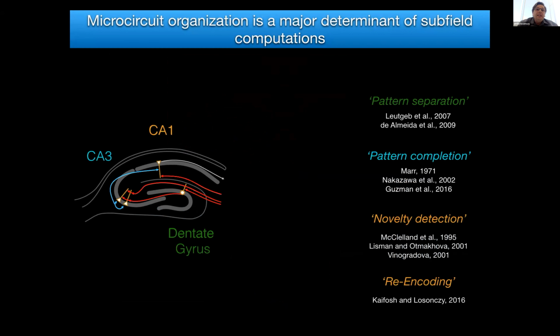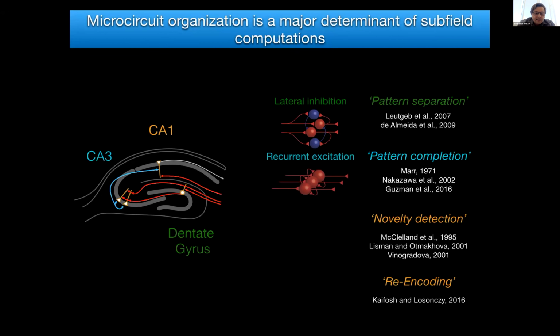For example, in the dentate gyrus, the main input node of the hippocampus, the granule cells are only connected through feedback or lateral inhibition, which is thought to play a role in pattern separation. In contrast, the CA3 region is enriched in recurrent excitatory motifs, which is thought to play a role in pattern completion and attractor dynamics.